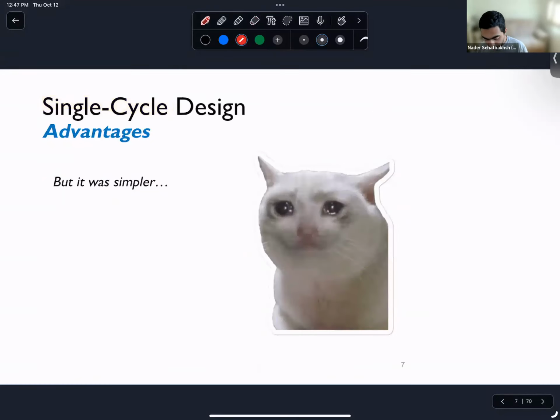So that's the problem with single cycle, and that's why single cycle design is never actually used in real systems, because it's not an efficient idea. Your slowest instruction determines how fast your processor runs, and you don't like that. At the very least, you want your average instruction to tell you how fast you can run, right? This is by far the most inefficient way of doing these things.